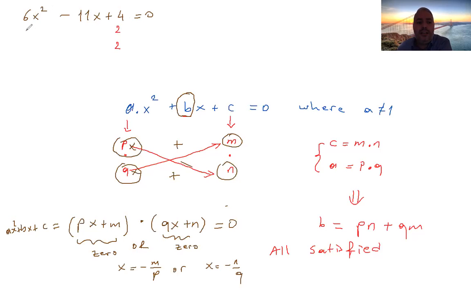Everything could be. Let me try 3 by 2. Now, when I check the cross product, 3 times 2 and 2 times 2, 6 plus 4, which is 10. No, it's not satisfied. That means this number is not suitable. I have to change the number.